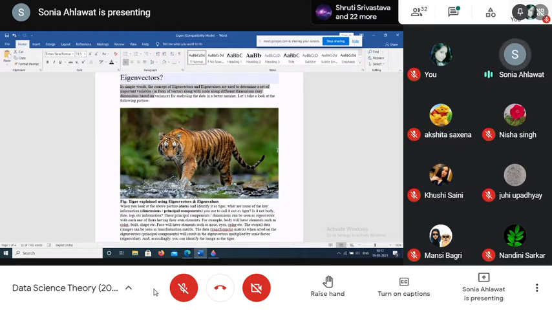So we require a vector as an important variable where important features are being highlighted. So that is in the form of a vector. This vector is being called the eigenvector, along with scale, along different dimensions, that are called your eigenvalues.